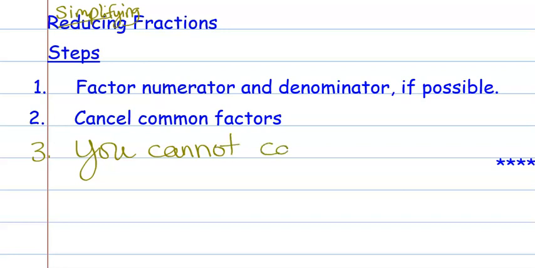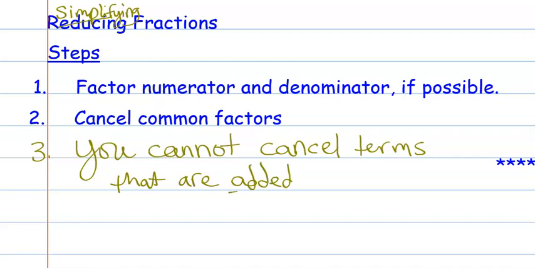You cannot cancel a term out if it needs to be added to something else. So you cannot cancel terms that are added to other terms.